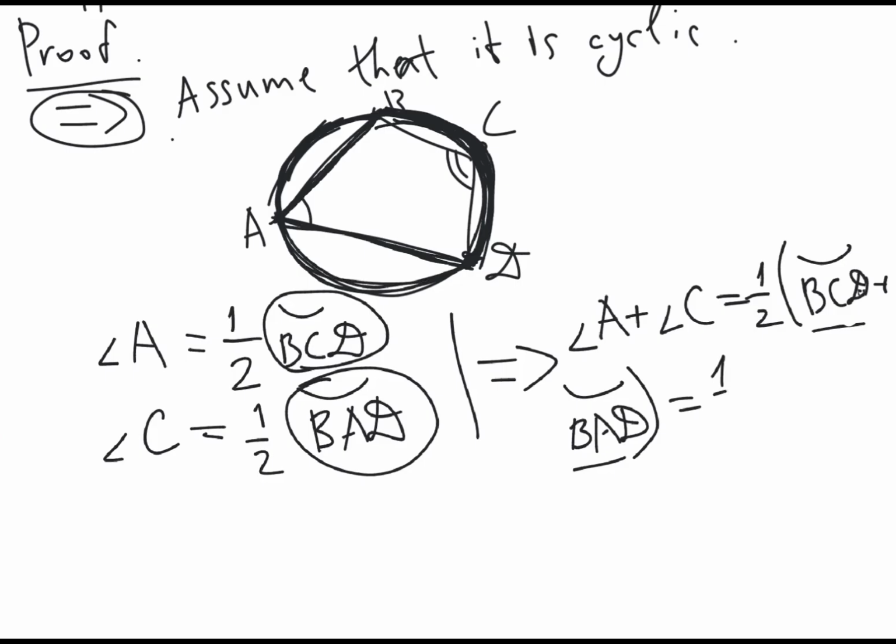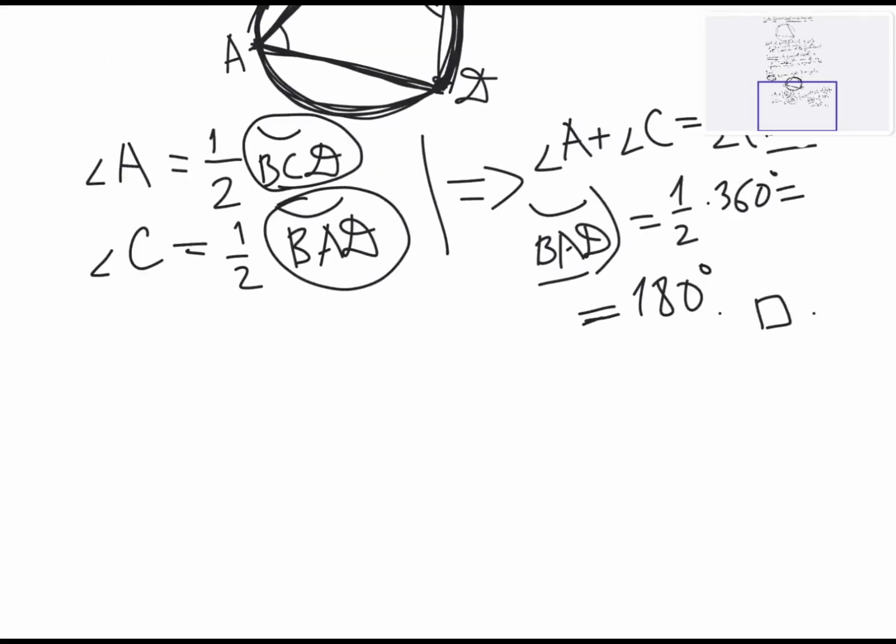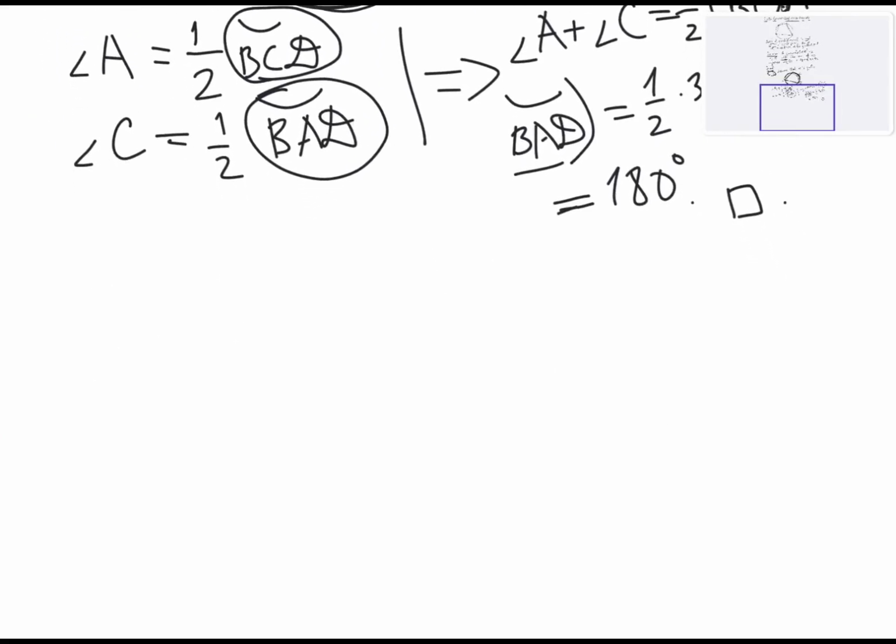So 1/2 of 360 degrees, which is equal to 180 degrees. And that concludes the proof, only in this direction. So now let's prove the converse statement.